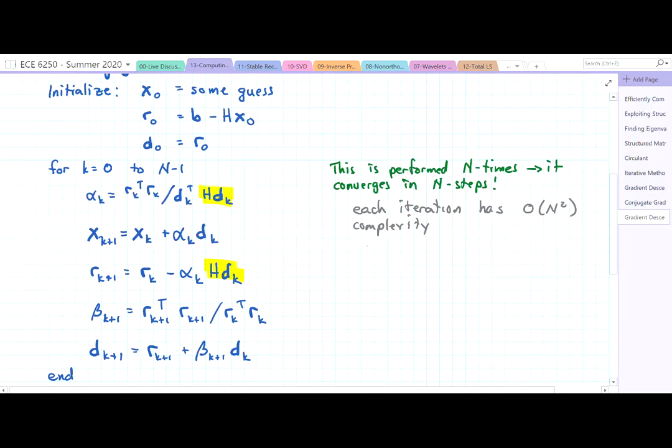Thus the total complexity is O(n cubed), since O(n squared) n times gives you O(n cubed). That's the same as solving it directly.